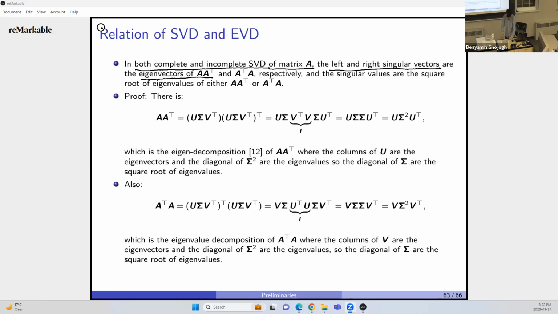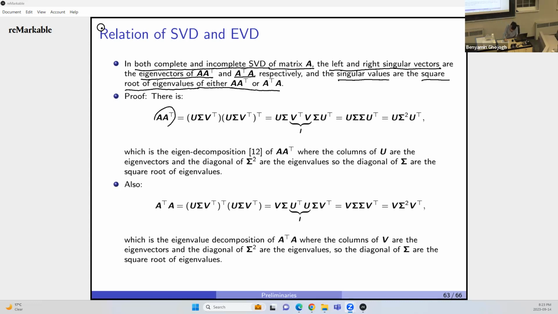The right singular vectors are the eigenvectors of A transpose A. Okay, I will prove it for you. And the singular values are the square root of eigenvalues of either A A transpose or A transpose A. Did you get it? The proof, I think, clarifies everything.